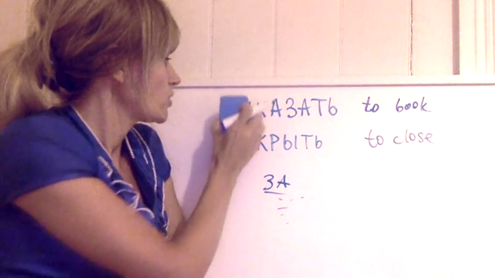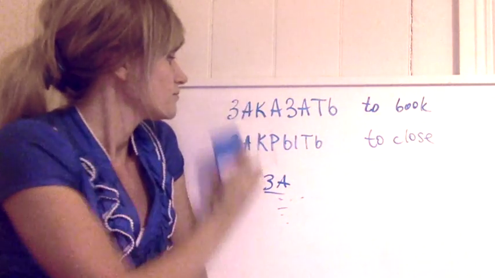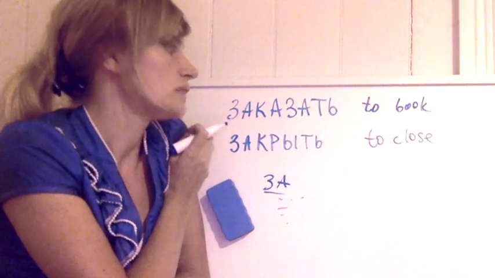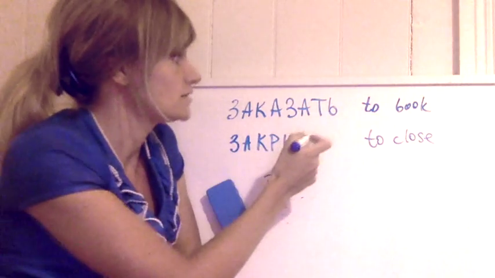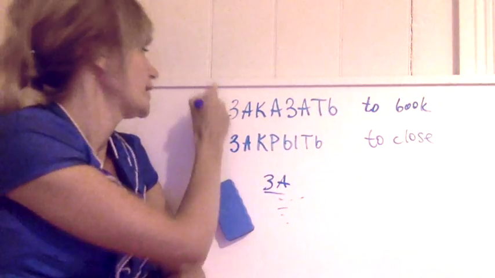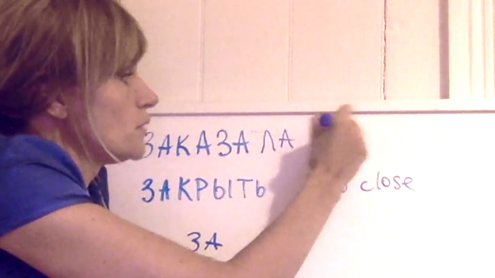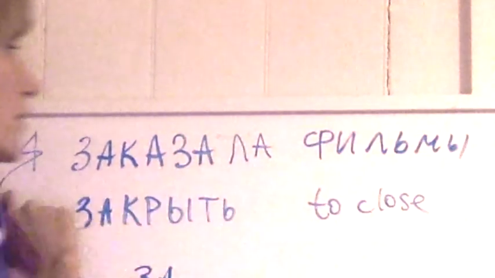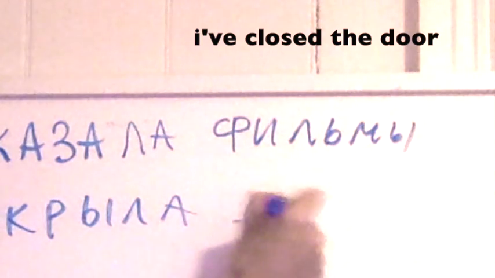But if the verb itself doesn't exist without it, it's just a part of the verb. It doesn't carry any extra information. Заказать, to book, to order. Закрыть, to close. Я заказала, I ordered фильмы, movies. Я заказала фильмы. Я закрыла дверь.